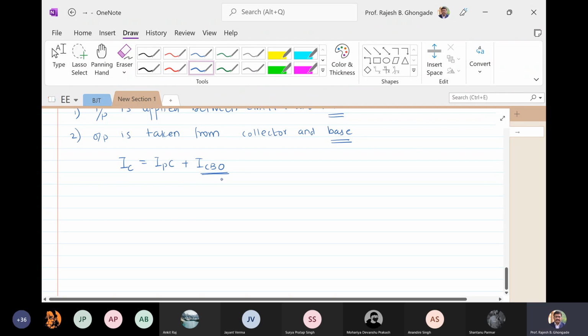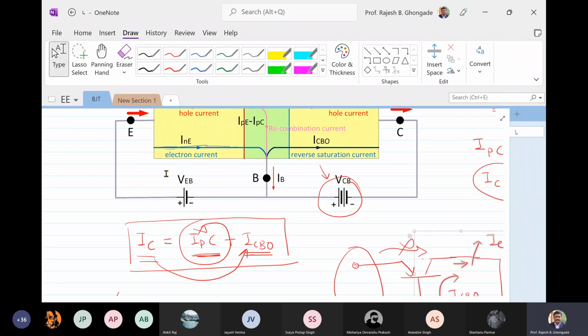So an important parameter of CB circuit, that is common base circuit, is the current amplification factor alpha. So I'm going to introduce a new current amplification factor, which is going to be alpha. Now this alpha is defined as this IPC or IC, you can even take IC divided by IE. I hope you remember this figure here.